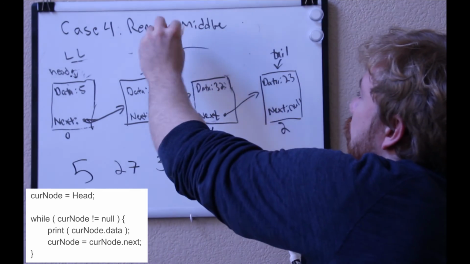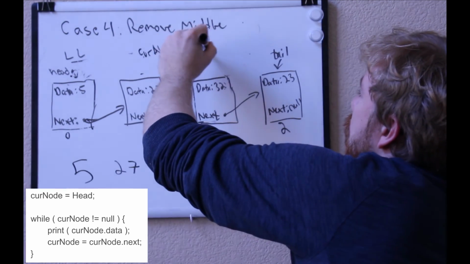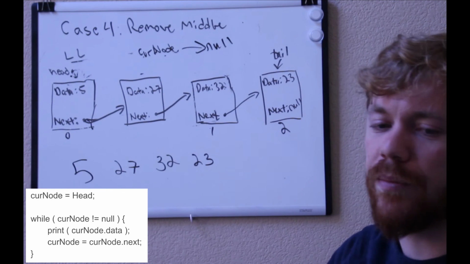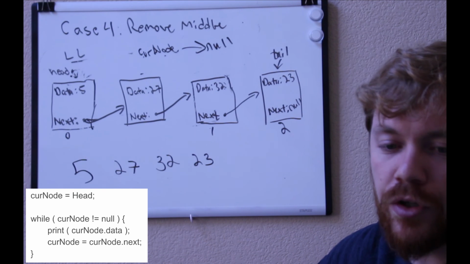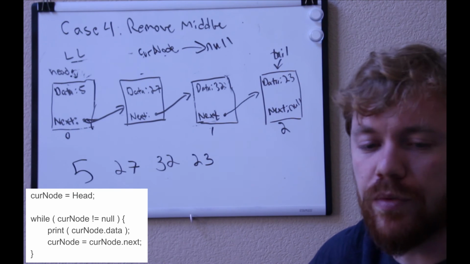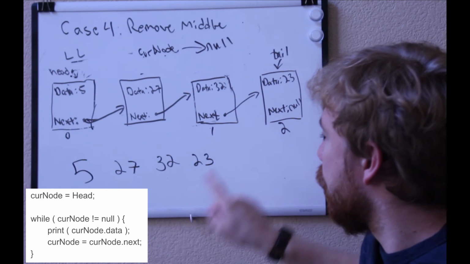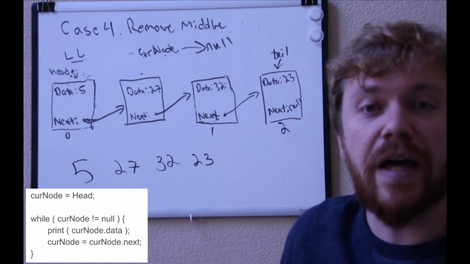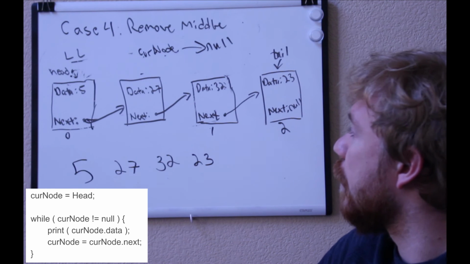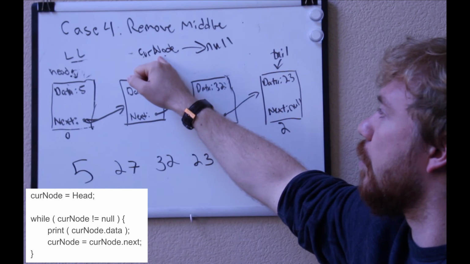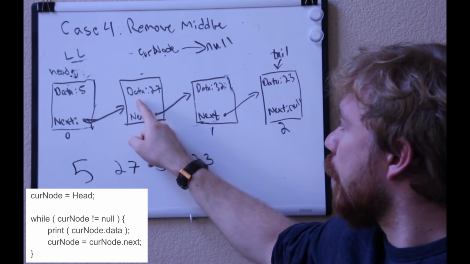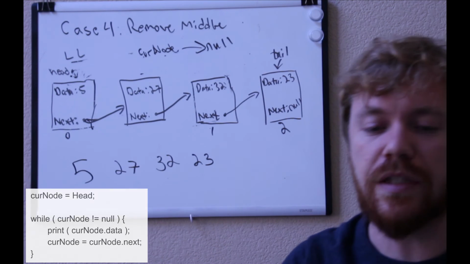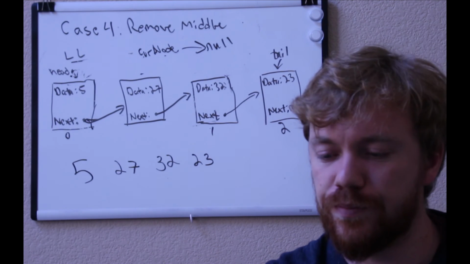So current node now references null. And then the while loop immediately fails. Current node is actually null, so we exit the while loop, and we're done. So we've now printed everything in our linked list. And that is the traversal algorithm for a linked list. It's taking a reference variable and going through, traversing, or visiting each node in the linked list by using the next reference variable.